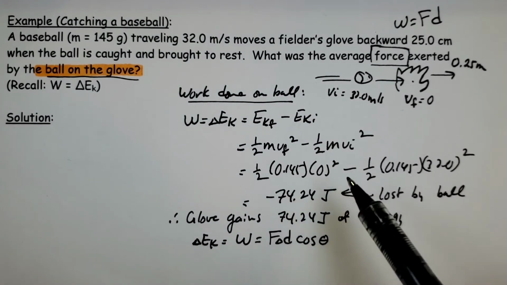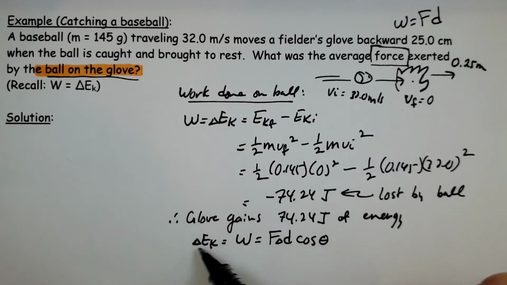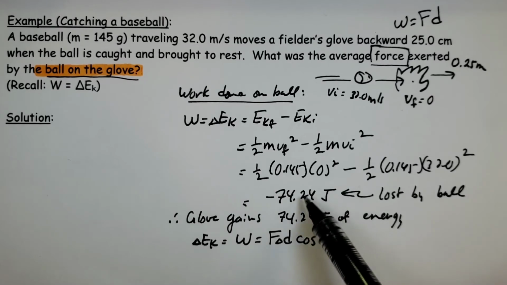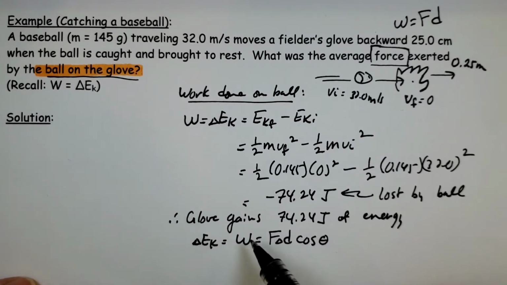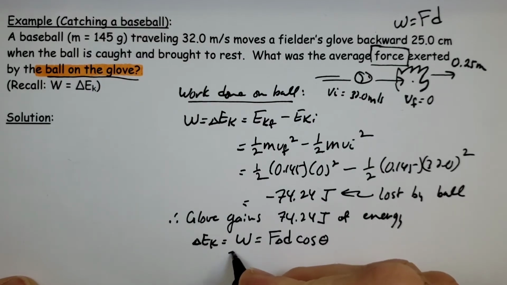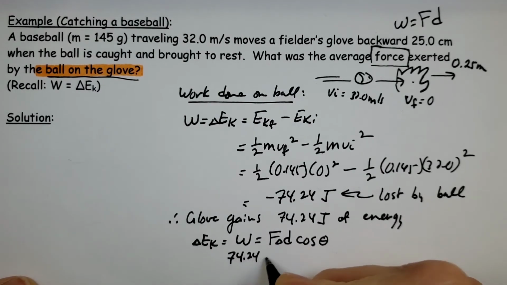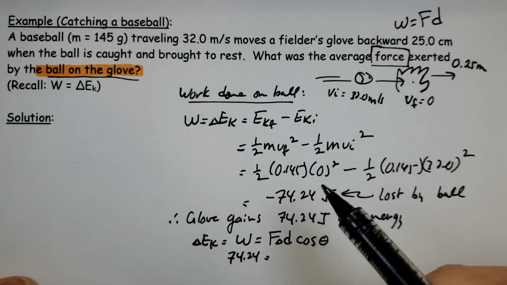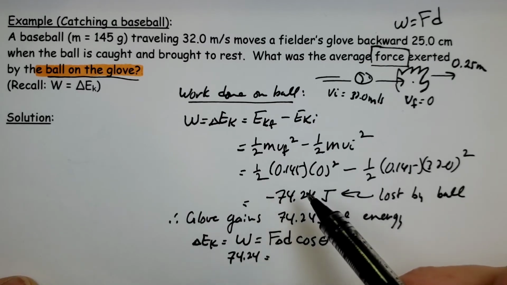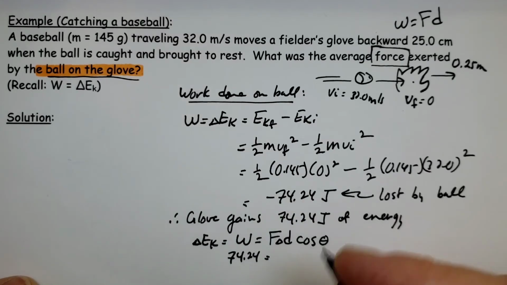So energy lost by ball is equal to energy gained by glove, or I could say all that energy decreased and caused work to be done on the ball. Whichever way I look at it, that is going to be 74.24 in the positive, because if the ball is losing energy, the glove is gaining energy. Or if it lost this much energy, it's doing this much work on the ball.